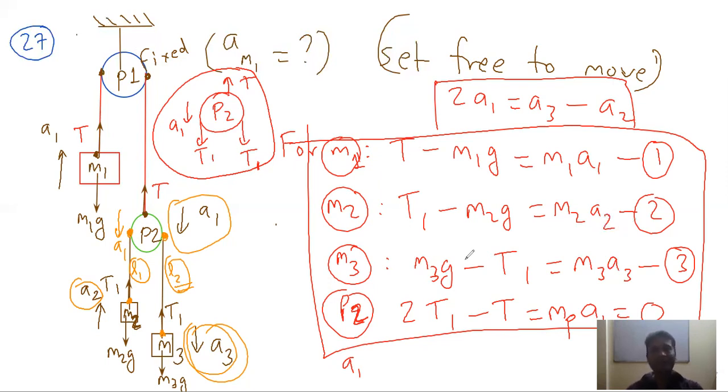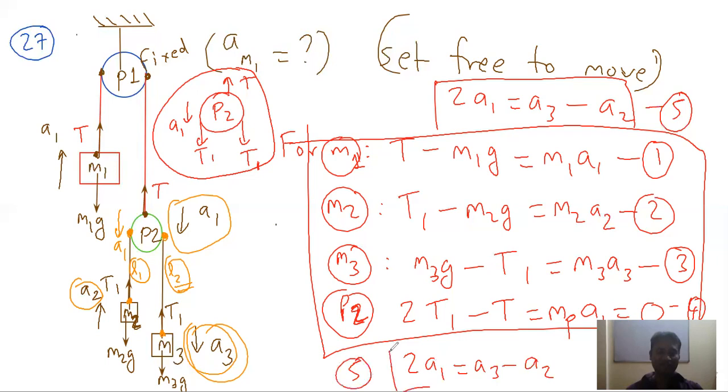So how many equations do we have? We have 1, 2, 3, 4, and a fifth equation corresponding to string constraint. So in all, we have 5 equations: one for Newton's law for M1, another for M2, another for M3, a fourth for the pulley P2, and the fifth by string constraint, 2A1 is A3 minus A2.